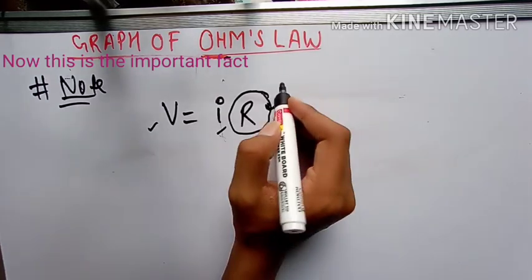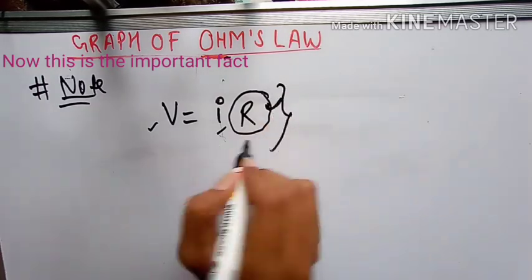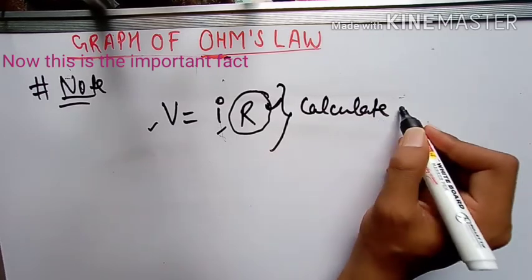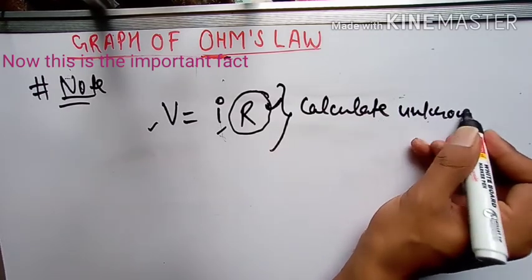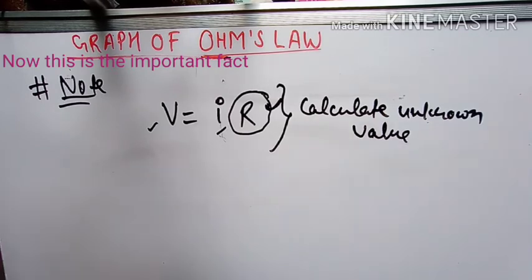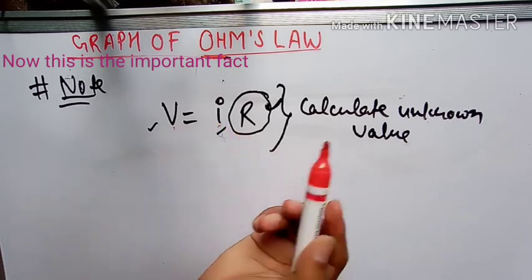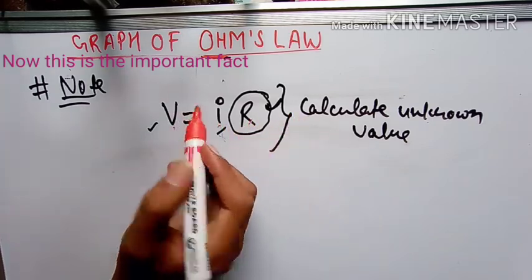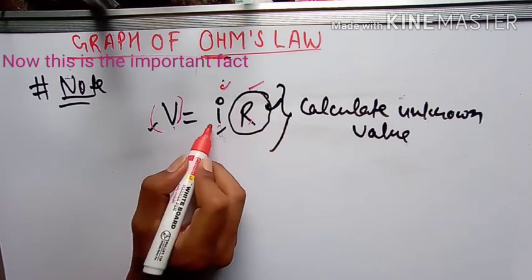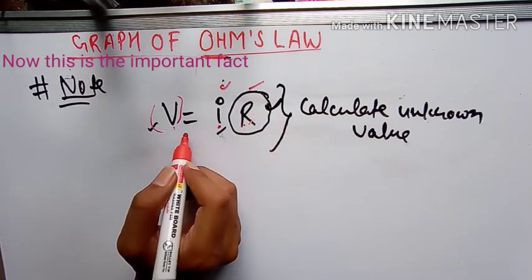Means this formula is used to calculate an unknown value. Understand? And what unknown? Unknown may be V, maybe I, maybe R. But when V is unknown, I and R will be given to you. And when I is unknown, R and V will be given to you.